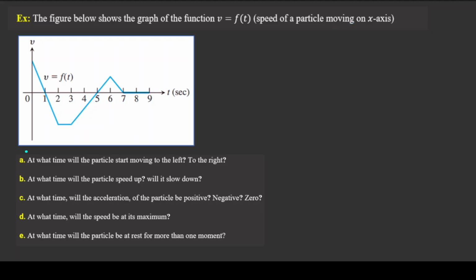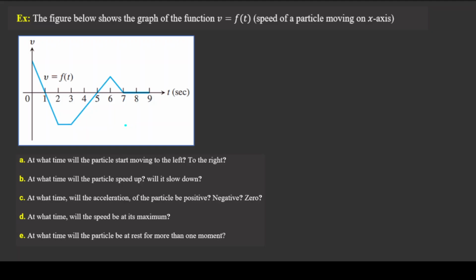Okay. So part A is required. At what time will the particle start moving to the left? Moving to the left or moving to the right? Left, right, because the motion is horizontal. That's why part A is asking at what time will the particle move to the left or right?